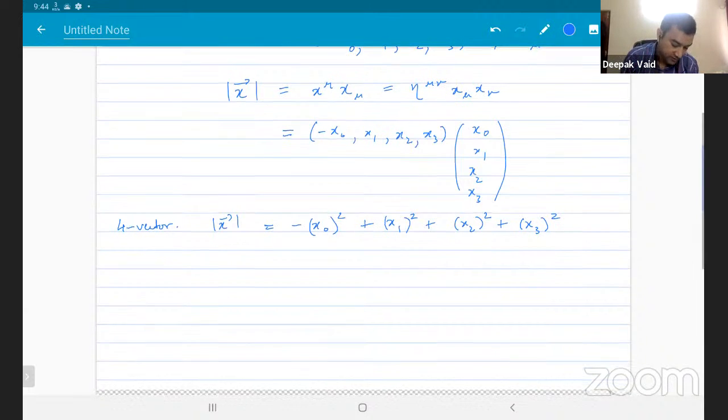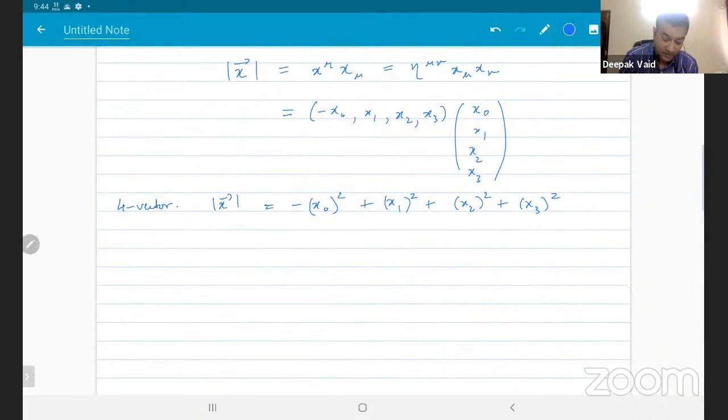vector. If this is a 3 vector, let's say u is u1, u2, u3, and I take the length of this, I should write this as length squared. I will get u1 squared plus u2 squared plus u3 squared.